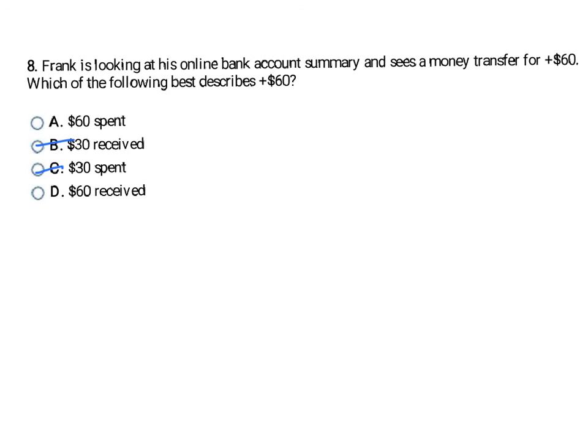So if he has a positive $60 in his account, would that be $60 spent or $60 received? Well, if he spends the $60, he's losing that money. It's going away, so that would be a negative number. Whereas if he's receiving it, that's a positive thing. That's money coming in, adding to his account. So that's going to be a positive $60 in the account summary.